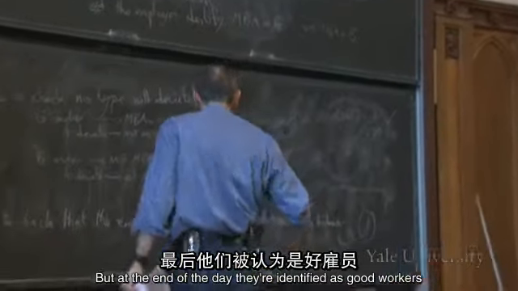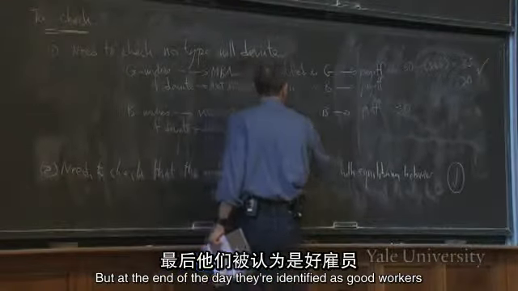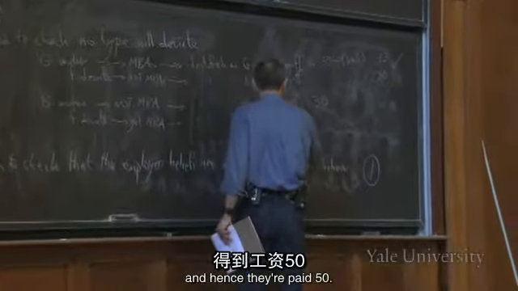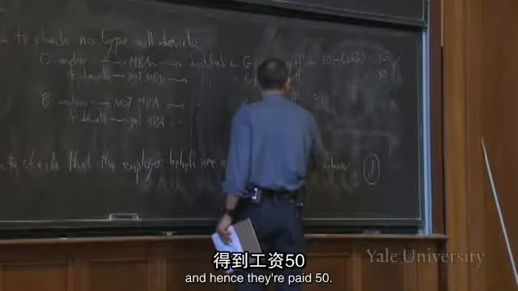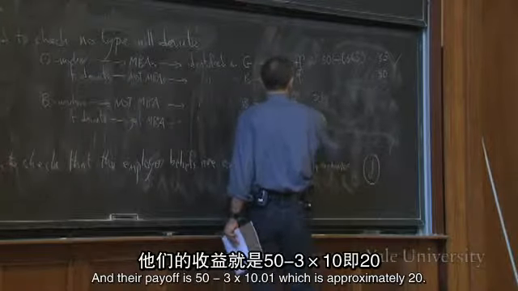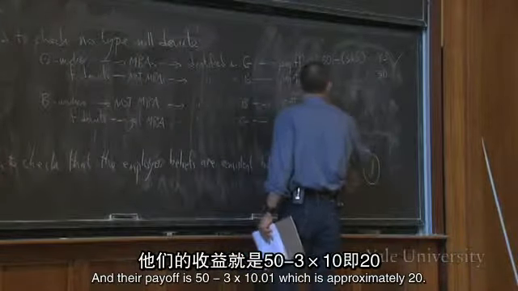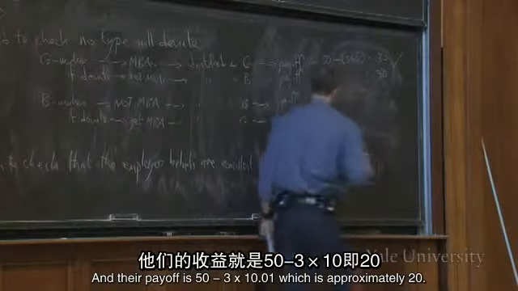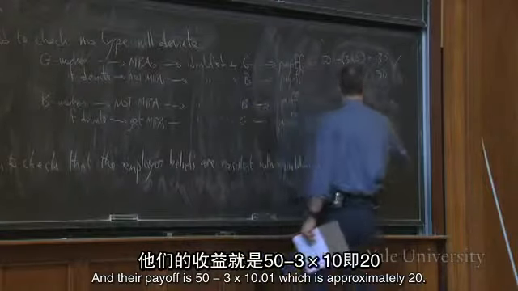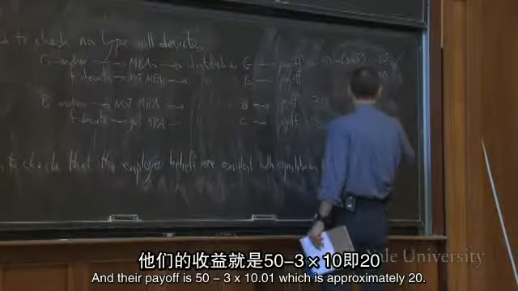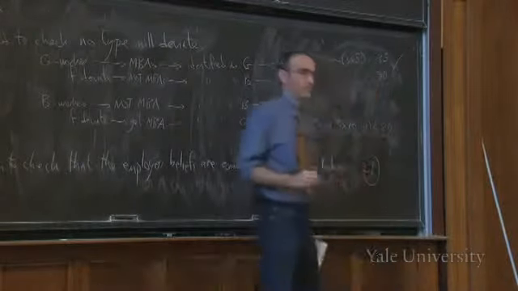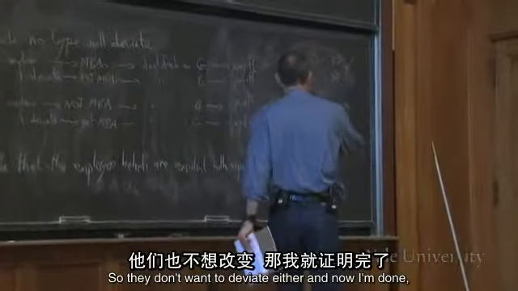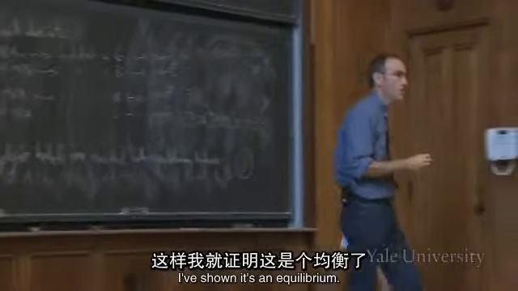But at the end of the day, they're identified as good workers, and hence they're paid 50, and their payoff is 50 minus 3 times 10.01, 10 and a penny, which is approximately 20. Is that right? So they don't want to deviate either. And now I'm done, I've shown it's an equilibrium.